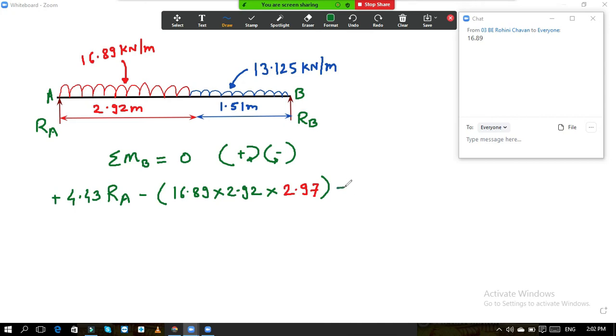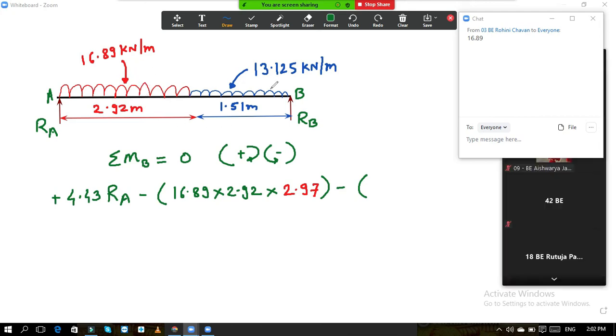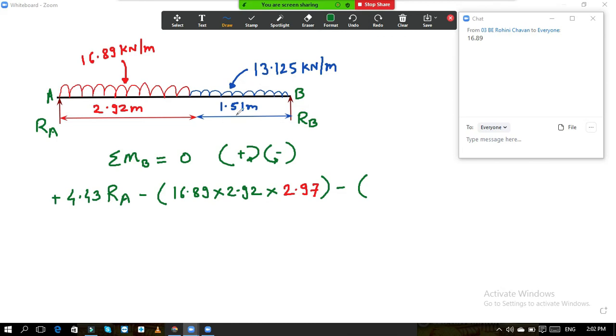Again minus. Still, if anybody is having any difficulty in this conversion of UDL into the point load and taking the moment, please let me know in the chat box. I will explain once again. This is a very important thing. Every now and then you need this. So is it right? 2.97.